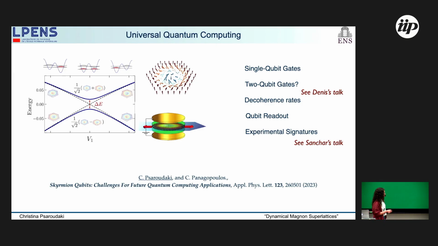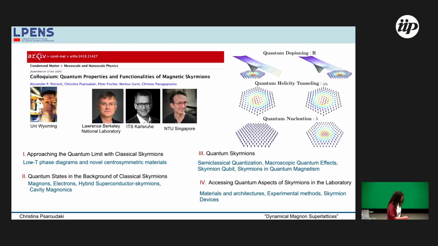Shankar and I have an idea of how we can have experimental signatures, and he's going to talk about it next week. If you want to know more, we have a recent paper that summarizes the challenges and the concepts.